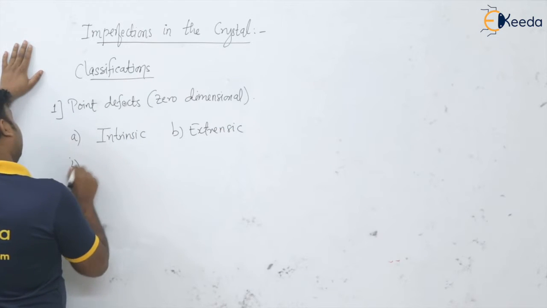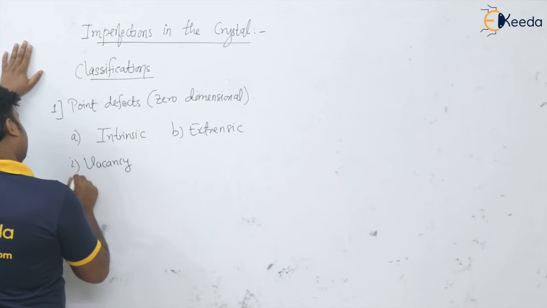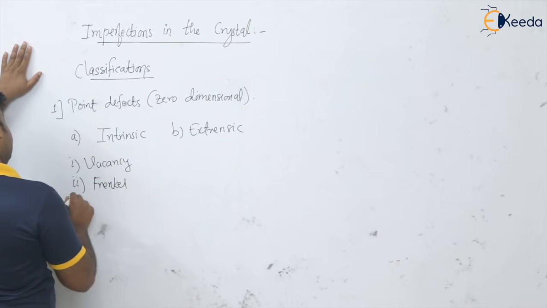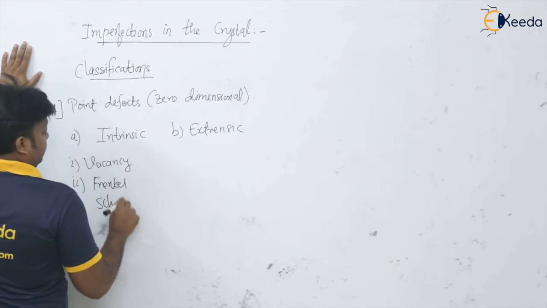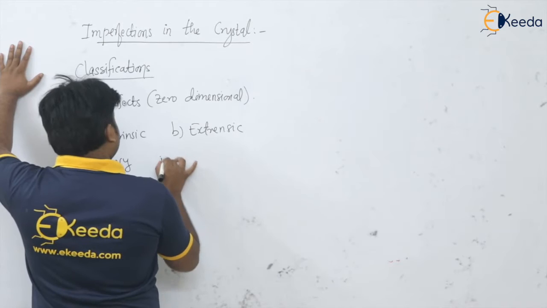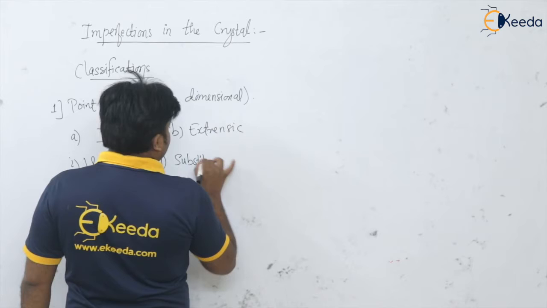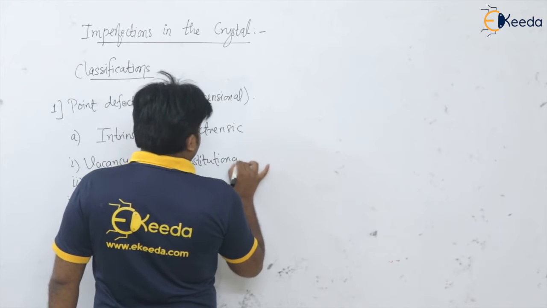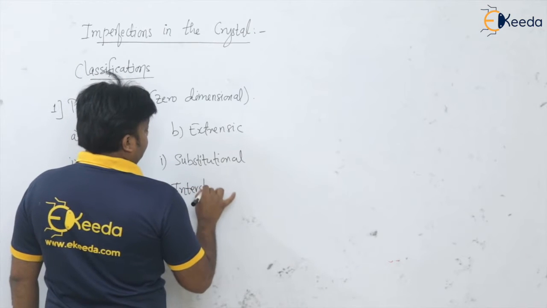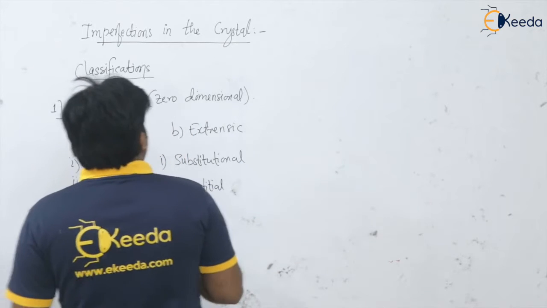In intrinsic we are having the vacancy defect, then we are having Frenkel defect and the Schottky defect. In extrinsic we are having substitutional and interstitial defects.